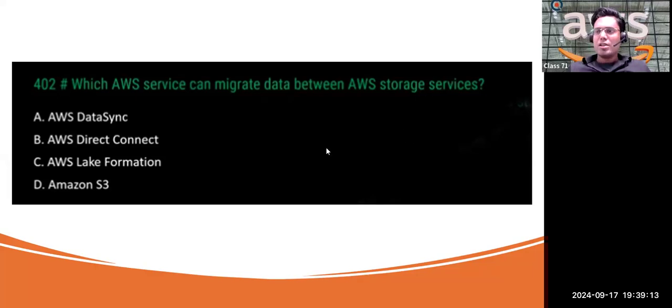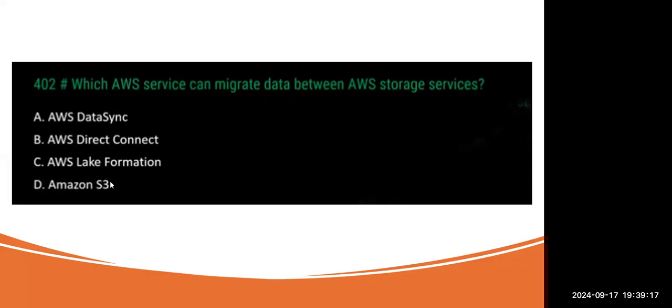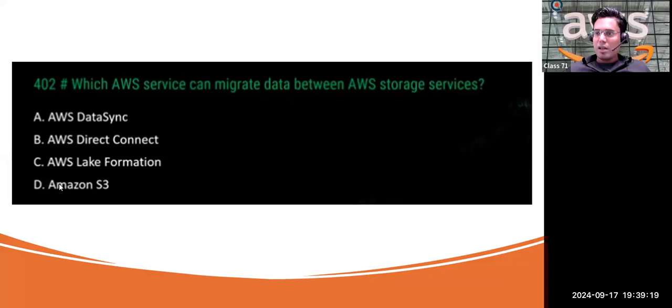It doesn't say large amount, it doesn't say anything. This is a storage service, Amazon S3. AWS Lake Formation is a different one. Direct Connect is a dedicated network, a dedicated line. They are talking about AWS storage services, and Direct Connect is not for storage service, it's for everything. It's for EC2, it's for network.